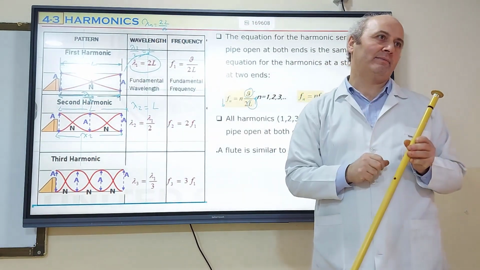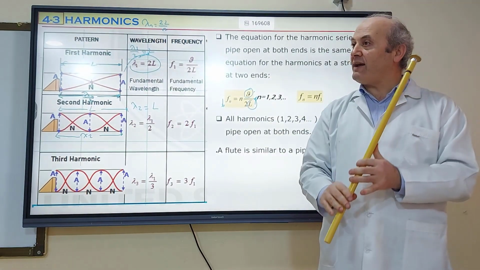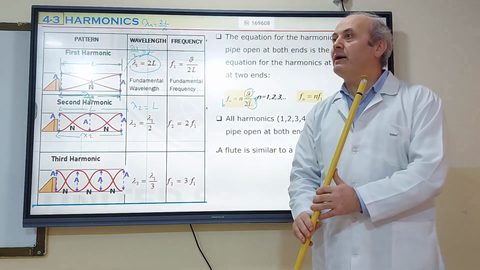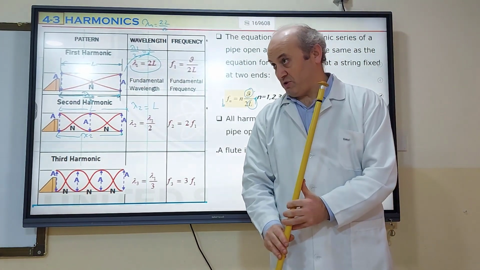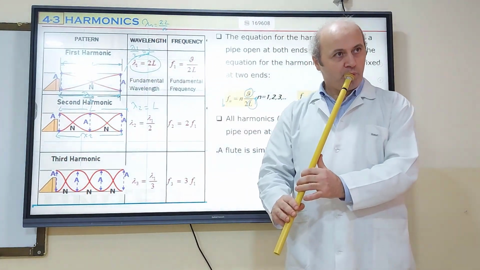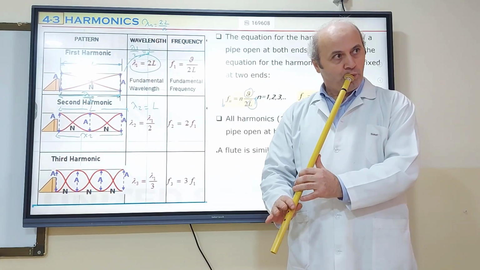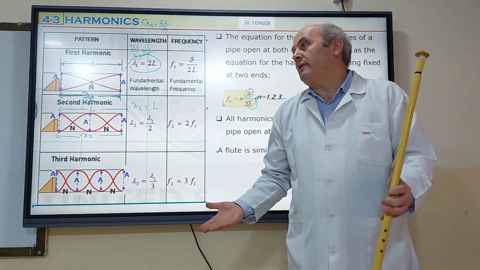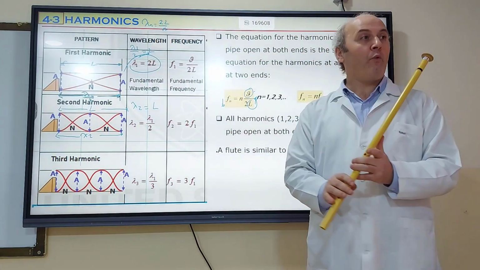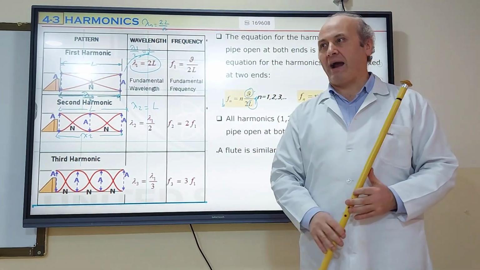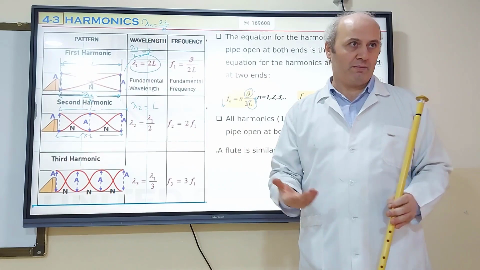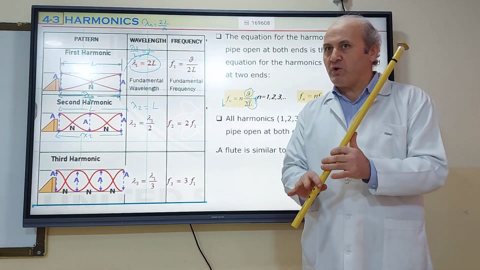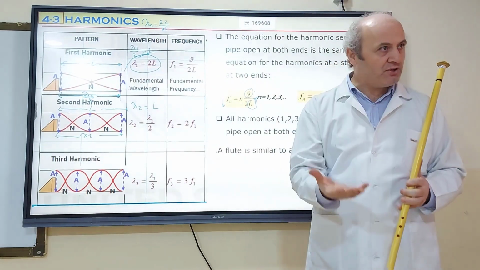When we close them all, we get the longest length and the pitch is lowest, but when you open it, the pitch rises. This is how we play a pipe as an instrument.